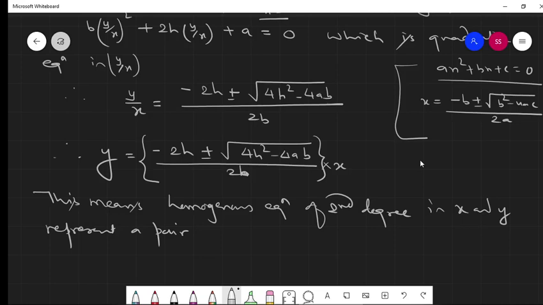Here I have written y equal minus 2h plus minus root under 4h square minus 4ab by 2b times x.